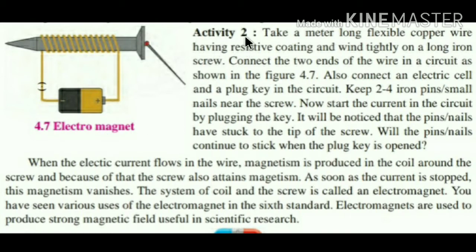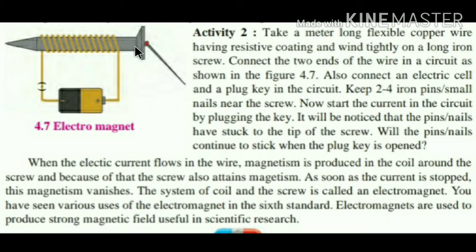So let's see. Take a meter-long flexible copper wire having resistive coating. This is a copper wire having resistive coating. Resistive coating is a plastic coating on the wire. Wind it tightly on a long iron screw.